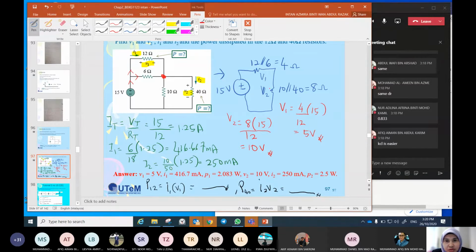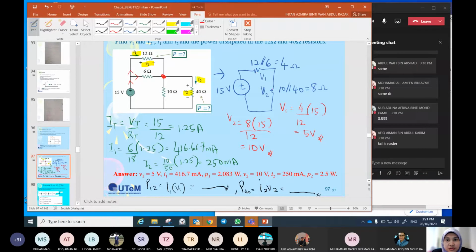V1 is equal to the voltage drop across the parallel R. To find V using the voltage divider principle, we take the resistance itself.